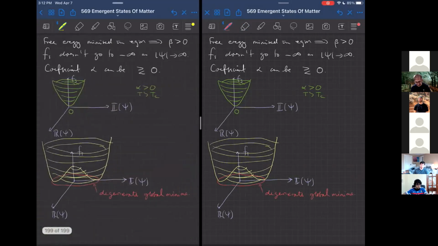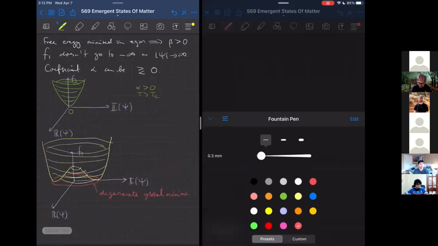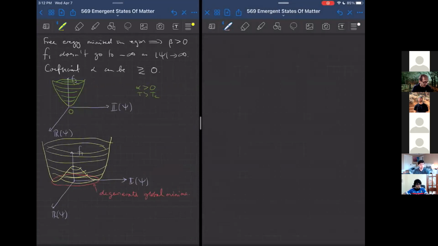Like so. And if we work out the equation for the free energy, the equilibrium value of psi is given by df by d psi star equal to 0.